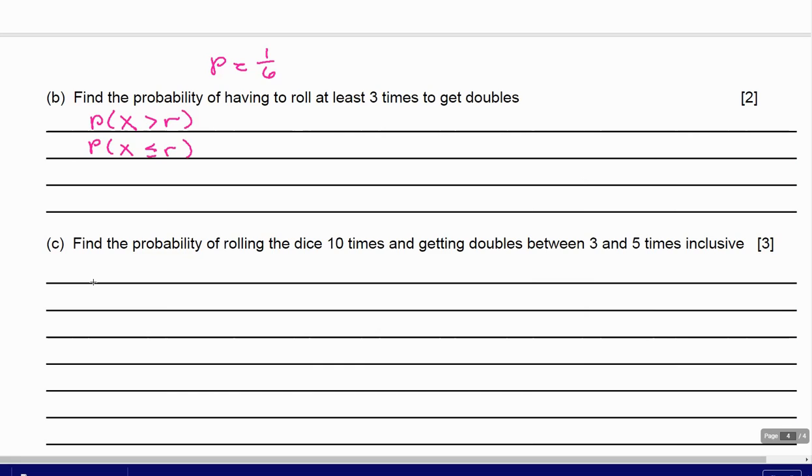So think about it. Basically what we're saying is that the probability at least 3 times. So what do I write? The probability that x is at least 3 times. Is it less than?